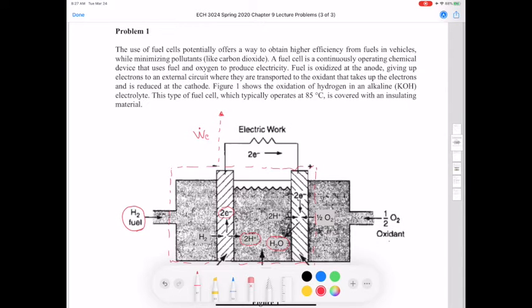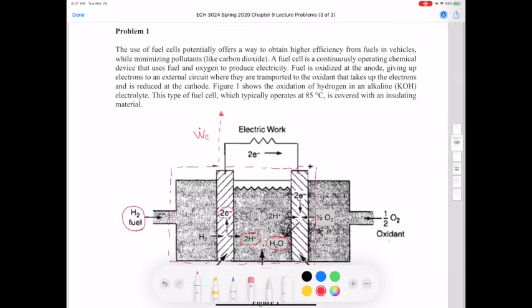And that's how we can simplify the process and imagine it. And that will facilitate solving this material and energy balance problem.